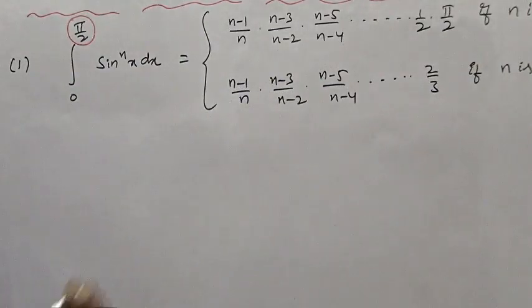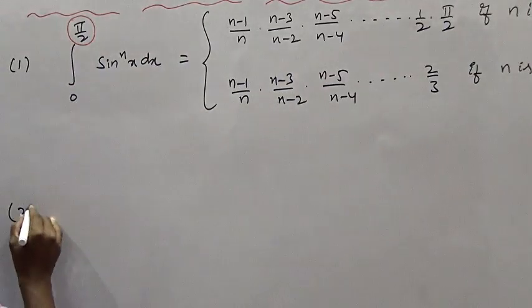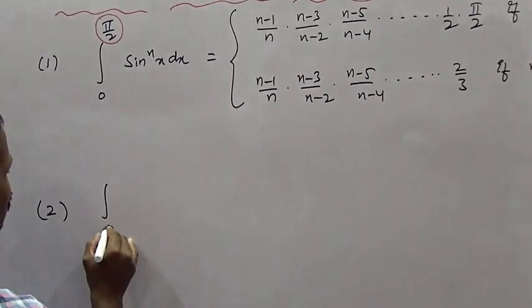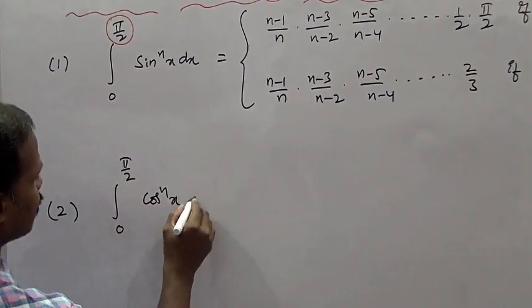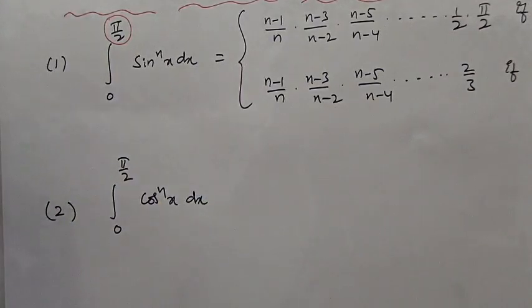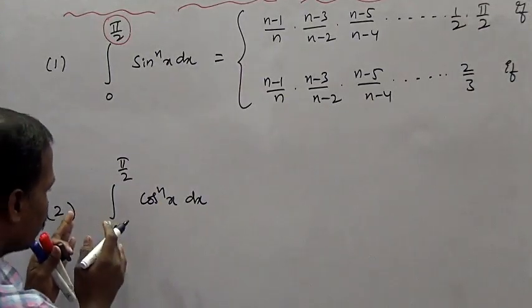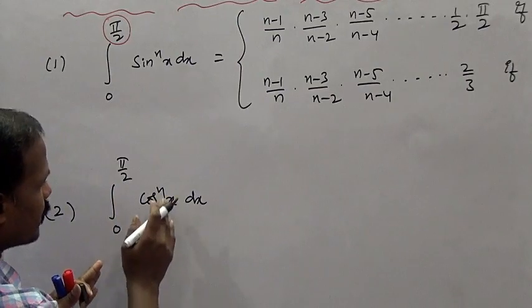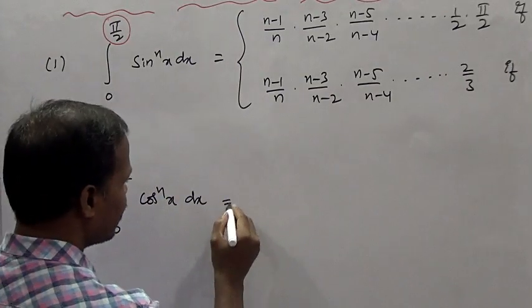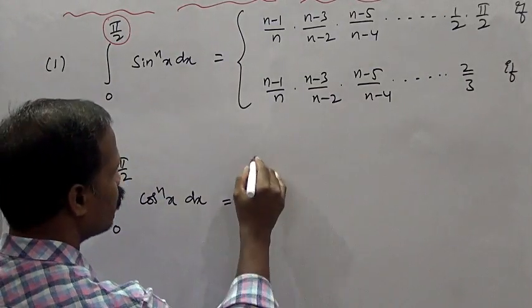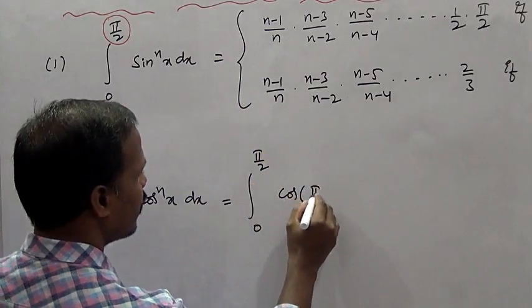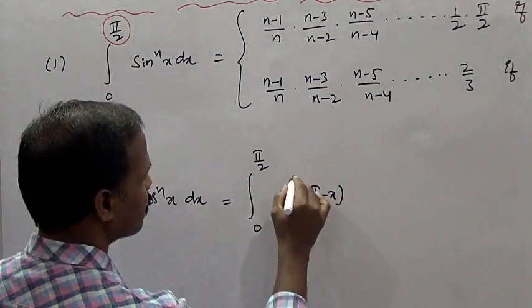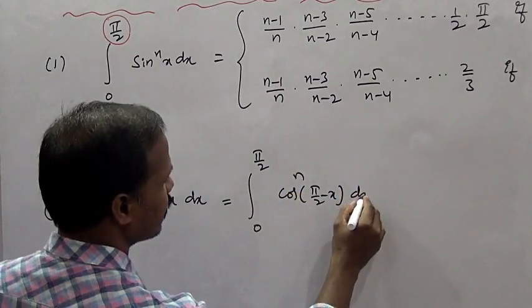Now for cos: integral from 0 to pi by 2 cos power n x dx is nothing but integral 0 to pi by 2 cos of pi by 2 minus x power n dx.